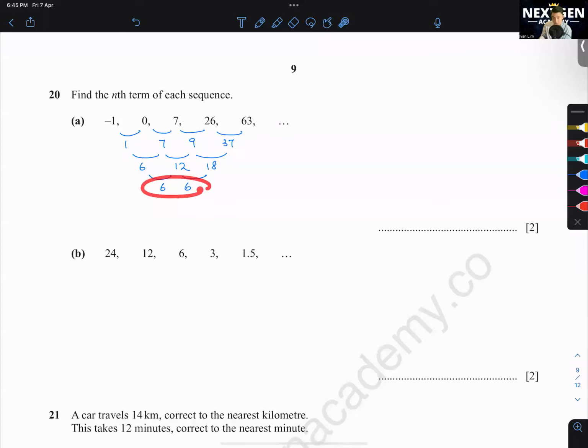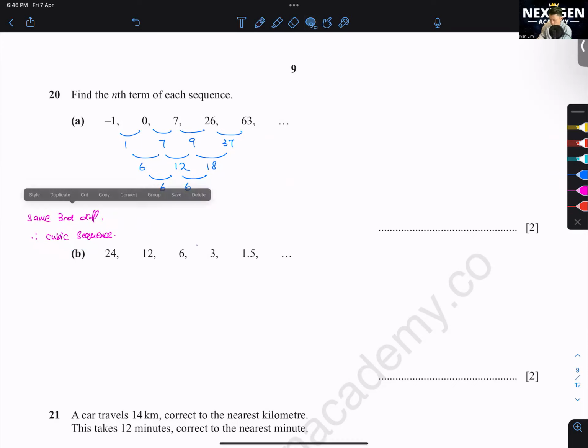If the third difference is the same, please write down the working, because according to the mark scheme, if you write down the working until here, even if you never find the equation, you get 1 mark already. So to prove that your third difference is the same, because this one is the same third difference, therefore we know that it should be some sort of cubic sequence.